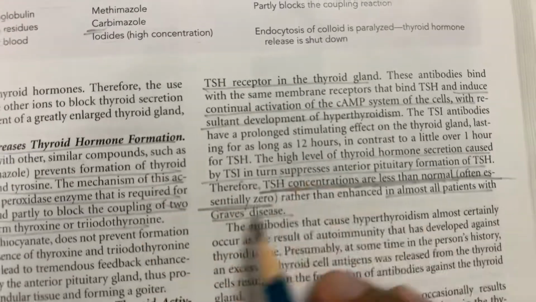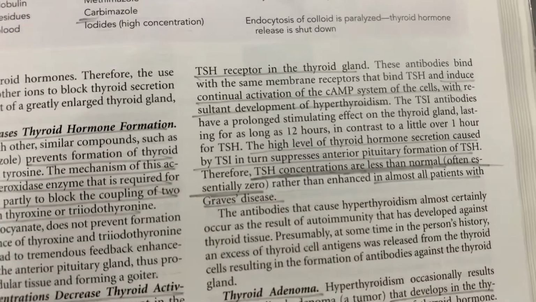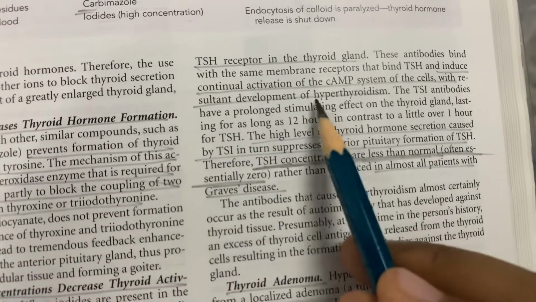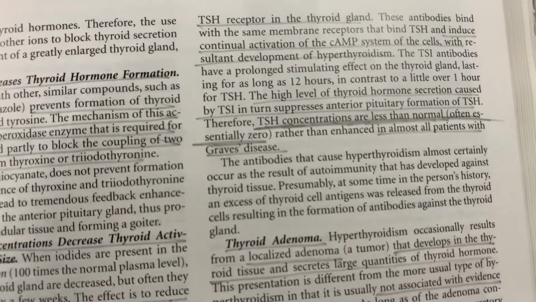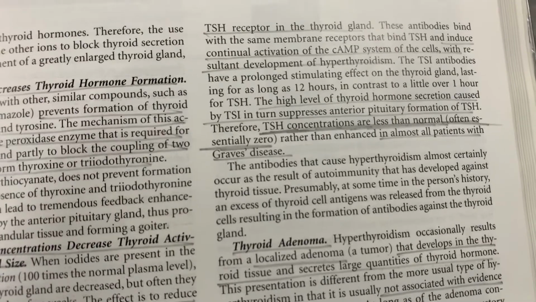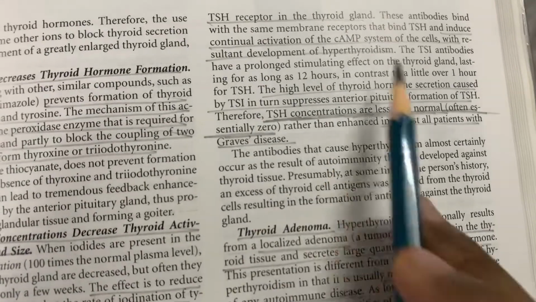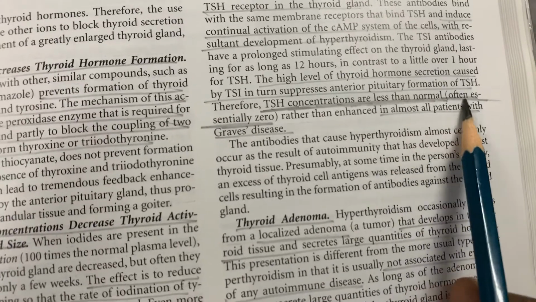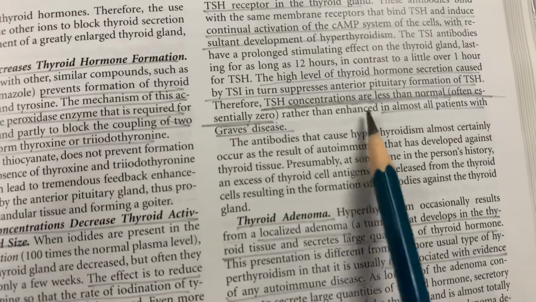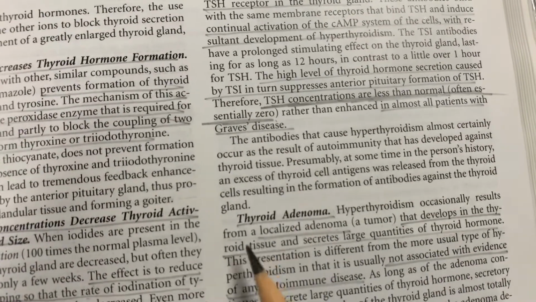They cause continual activation of cyclic AMP, which results in hyperthyroidism. The high level of thyroid hormone secretion caused by TSI suppresses the anterior pituitary's formation of TSH. So TSH concentrations are less than normal or even zero in patients with Graves' disease.